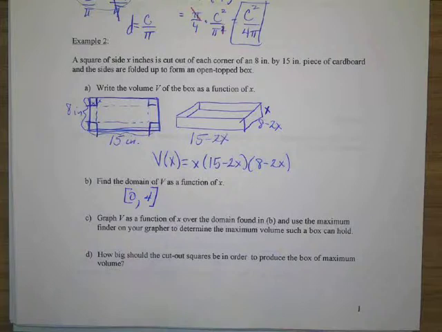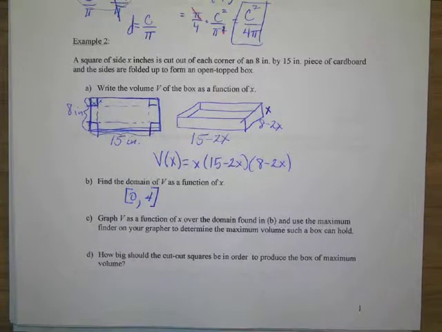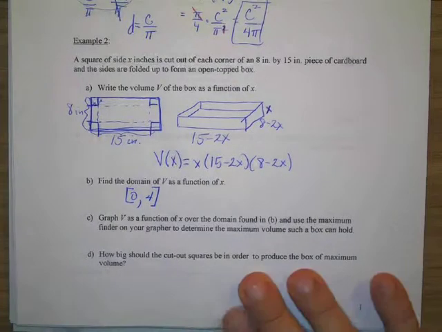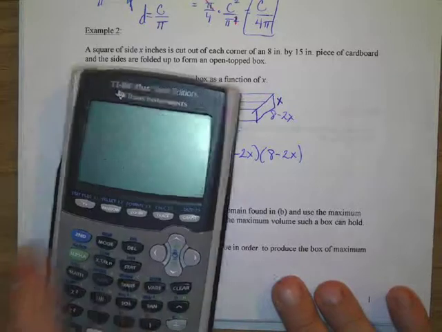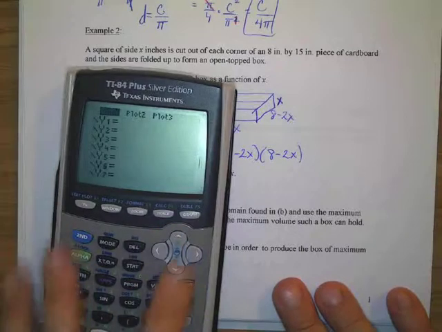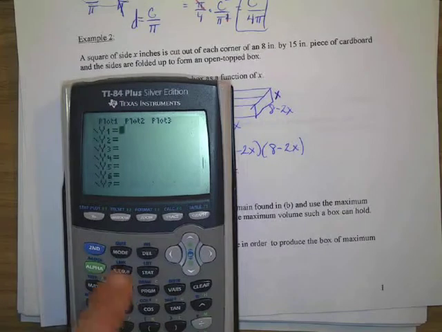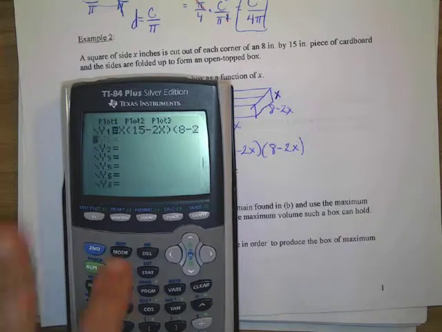Now we're going to graph it. Why am I the only person that went for a calculator? There we go. So the equation was x times 15 minus 2x times 8 minus 2x.